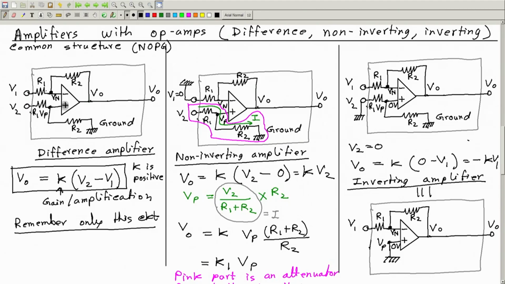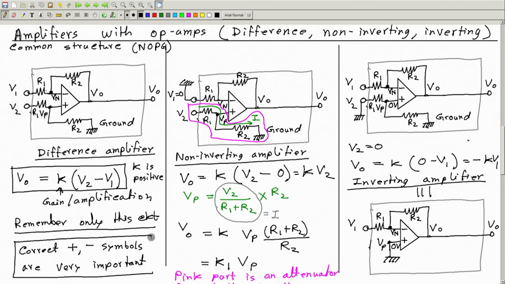This is very crucial. I forgot to mention. So correct plus minus symbols at the inputs are very important. Otherwise the circuit will not work.